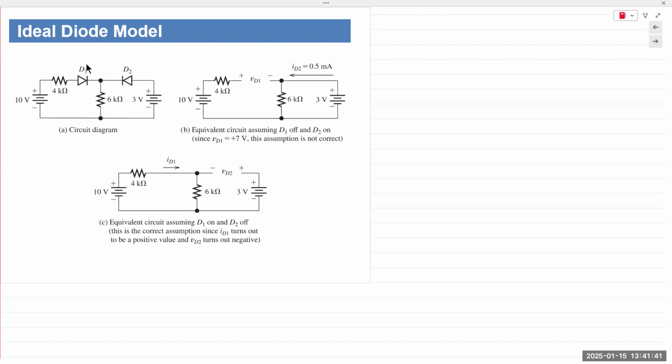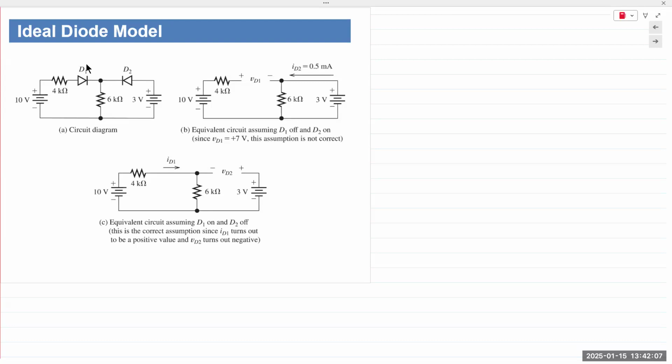What is our logical conclusion of the state of the diode? I hear one on. Anyone else? Are the rest for off? Logical conclusion would be that the diode is on. So I would choose my assumption to be D1 to be on.